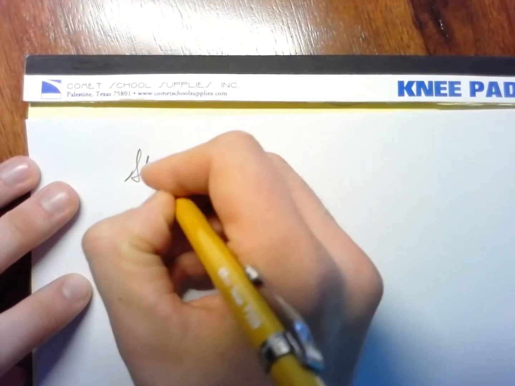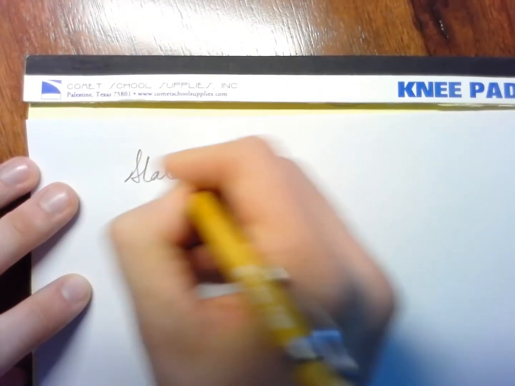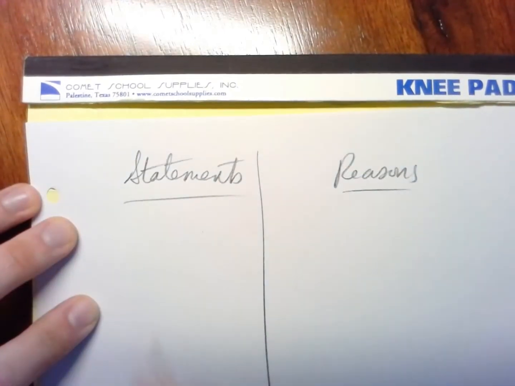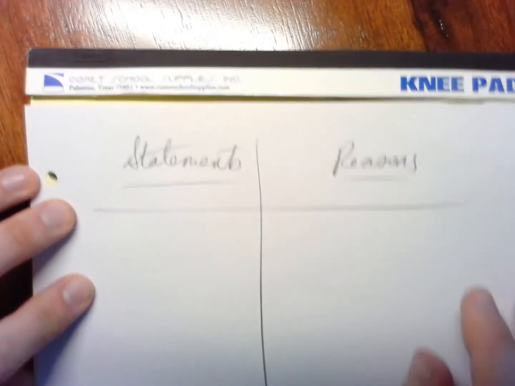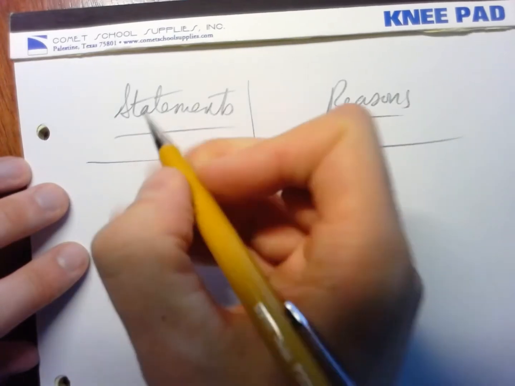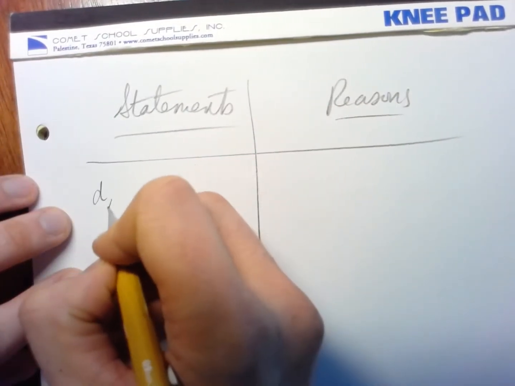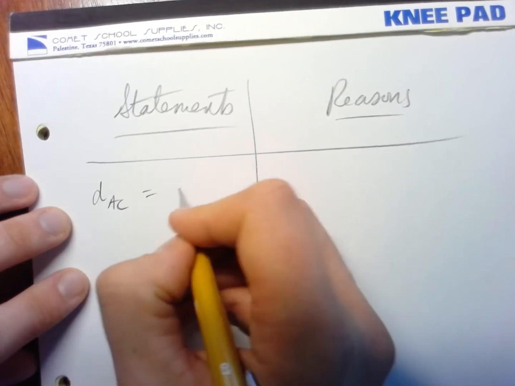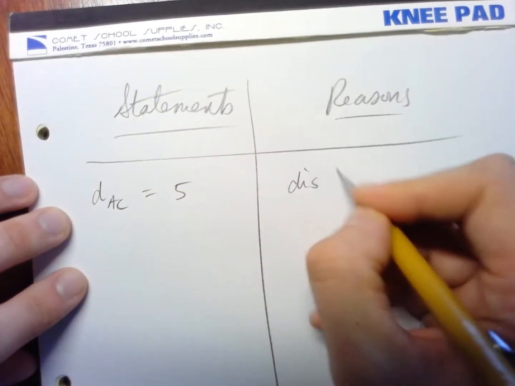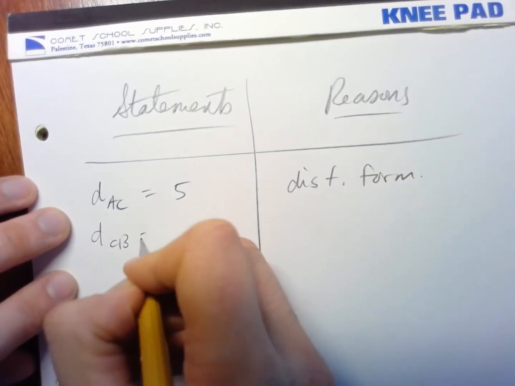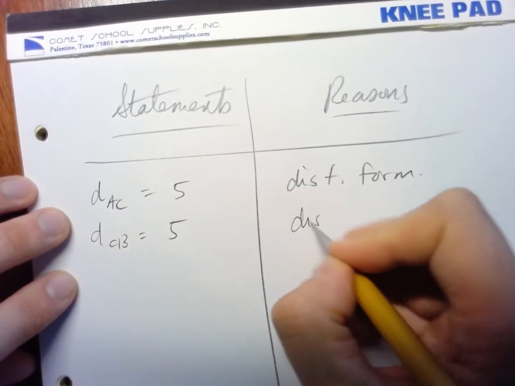So our statements and our reasons. Okay, I'm not going to restate the givens just for the sake of time, because we know we were given the 3 points. But we could say that the distance of AC equals 5 by the distance formula, and we can say the distance of CB equals 5 by the distance formula.